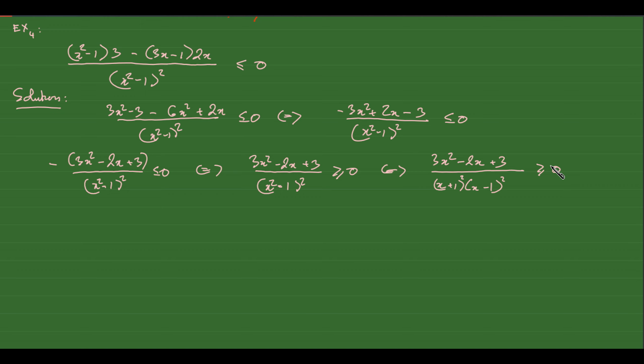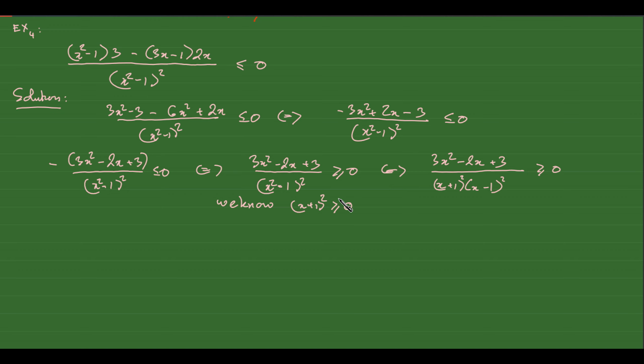The question is how are we going to check the sign for the top? We can check the sign here. So for this one you have to be careful, because we know that x plus 1 squared is always greater than or equal to 0, right?